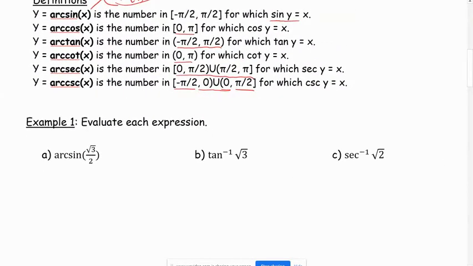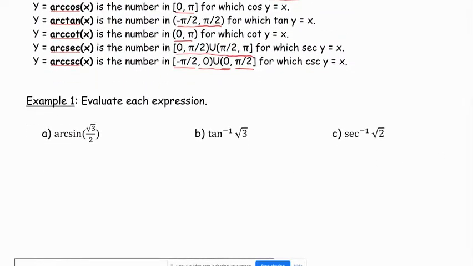Okay, so now we can evaluate some inverse trig functions. So this is, again, the same thing as saying inverse sine of root 3 over 2. So normally, like when you learned triangle trigonometry in high school geometry, you said things like the sine of theta is 2 over 7, okay?